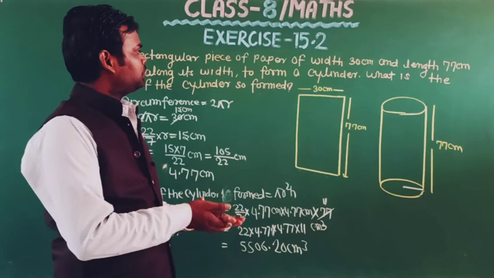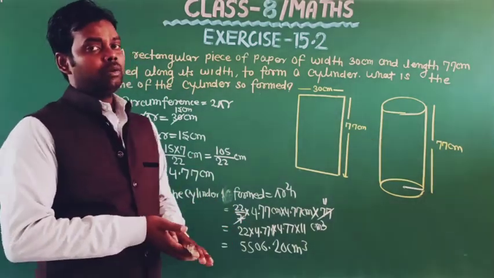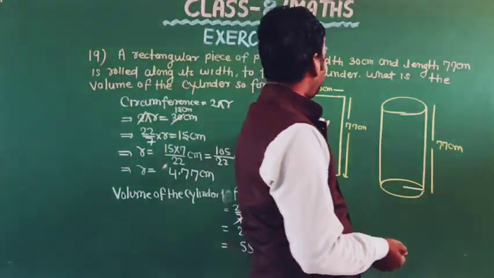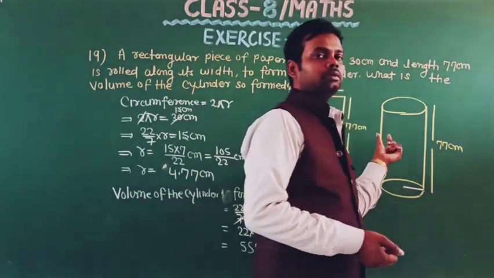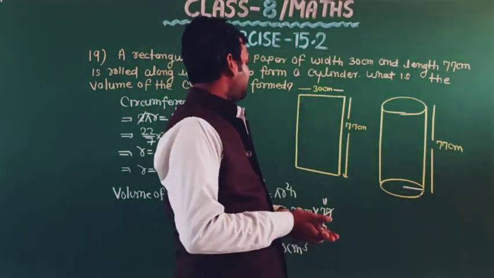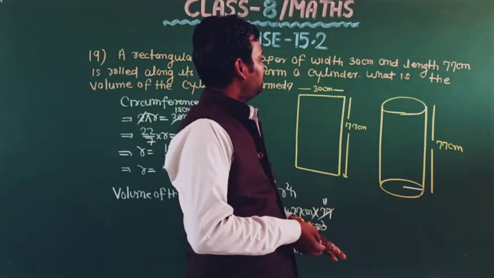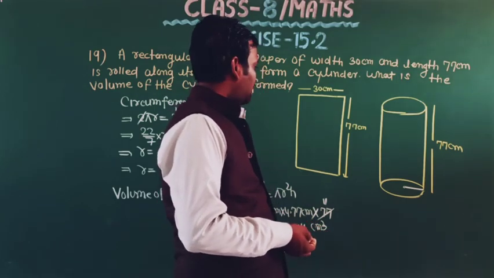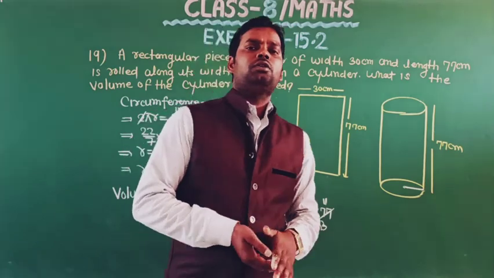This is the volume of the cylinder formed by the rectangular piece of paper of length 77 centimeter and width 30 centimeter. So this is the required volume of the cylinder.